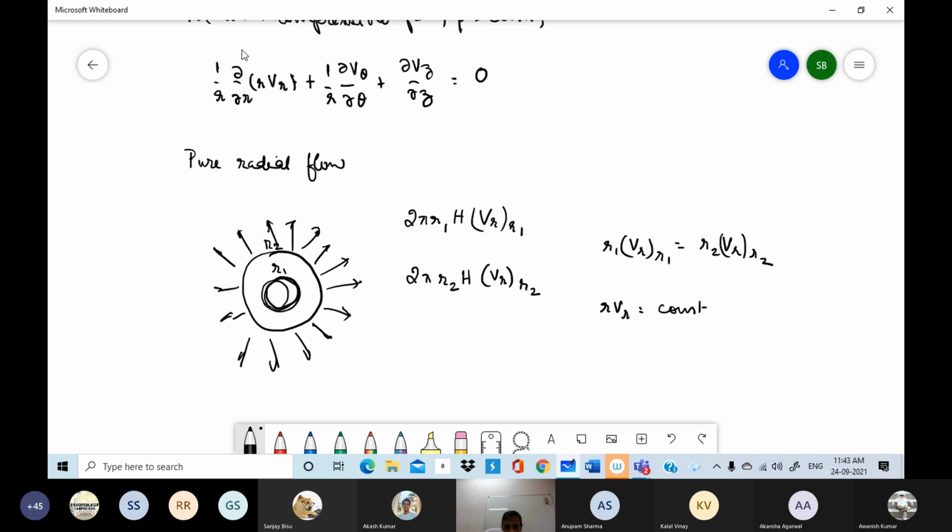So that is why in the continuity equation, what matters is the rate at which r Vr changes, because the outflow is proportional to the area at that radius, and the area increases linearly with radius.